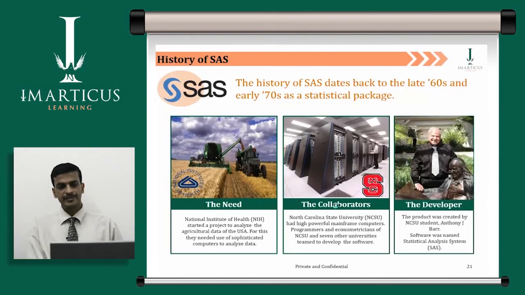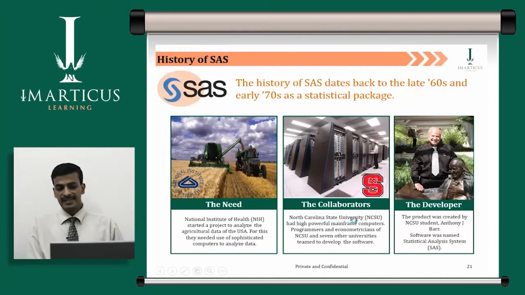A brief history of SAS. The history of SAS dates back to the late 60s and early 70s as a statistical package. The National Institute of Health, that is NIH, started a project to analyze the agricultural data of the USA. For this, they needed sophisticated computers to analyze data.